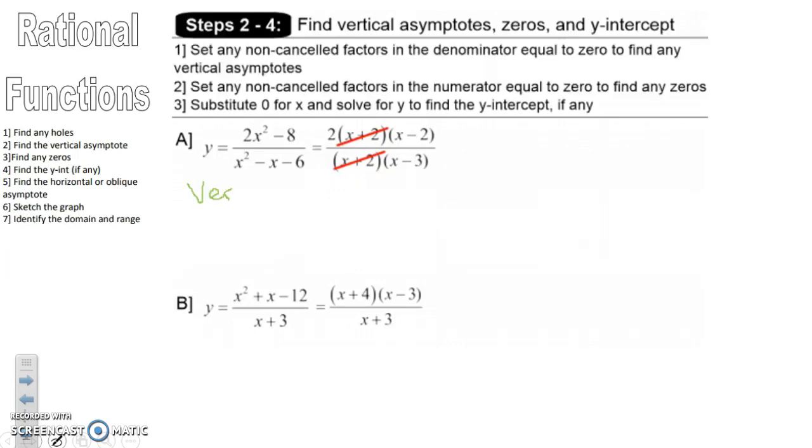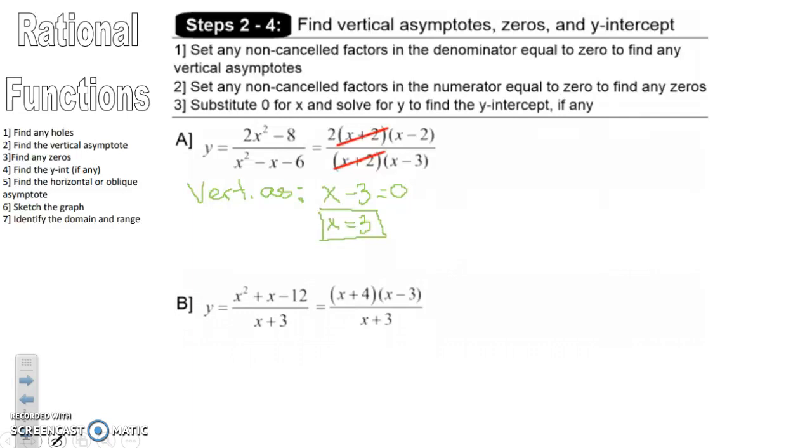For vertical asymptote, anything in the denominator that was not canceled out, x minus 3 was not canceled out, go ahead and set it equal to 0. Solve, that gives you x is equal to 3. So at the line x equals 3, we have a vertical asymptote. The function is going to approach that line, but it will never really cross it.